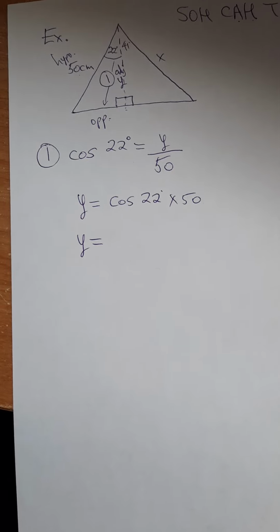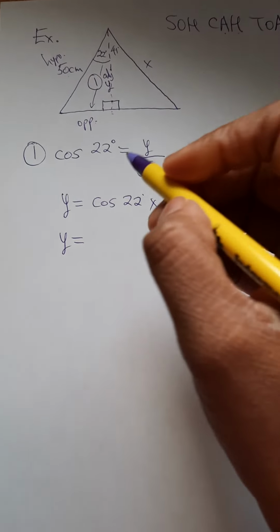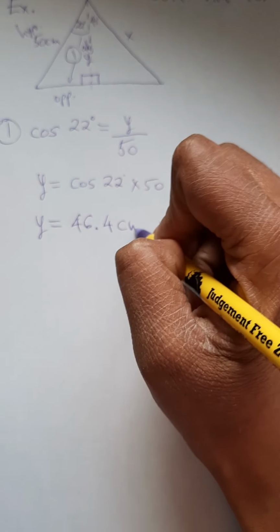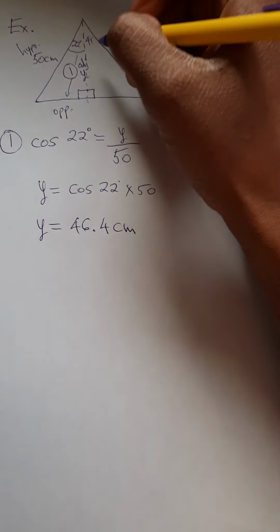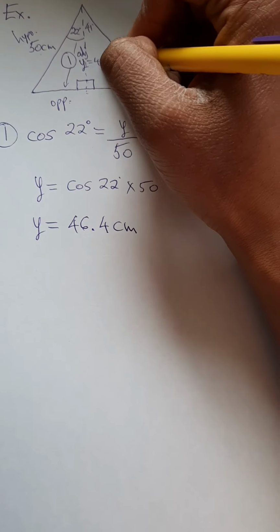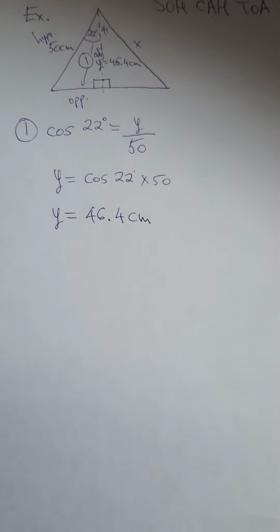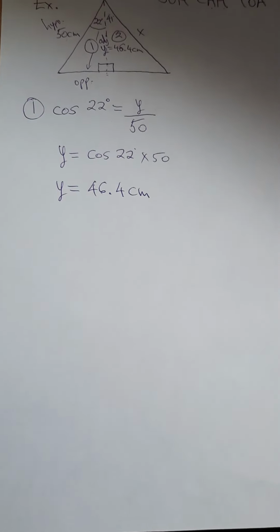Put it in your calculator, and we are getting 46.4 centimeters. Everyone see that? That's the value for y. I'm just going to write it here: 46.4 centimeters. Because it's really important, we do have to use that when we're solving the second triangle.